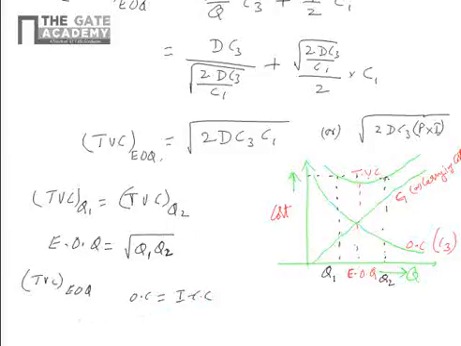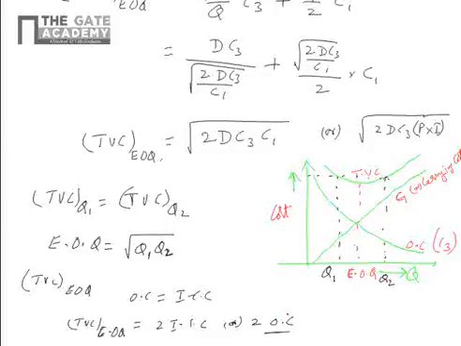So total variable cost at economic order quantity equals 2 times the inventory carrying cost, or 2 times the ordering cost. So there are so many equations we can get from this.